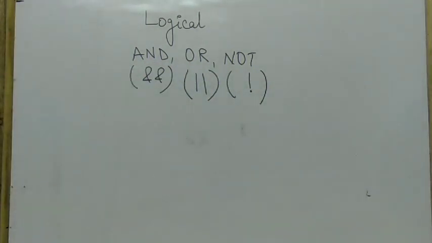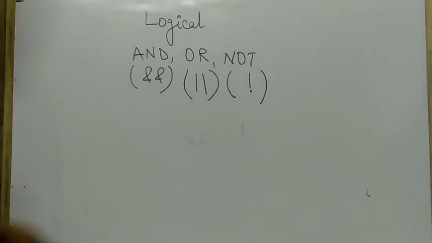One more thing I forgot to tell you: the relational operator always gives a Boolean value. What is a Boolean value? That means either true or false. So the logical operator is going to work upon these Boolean outputs, like true and false.